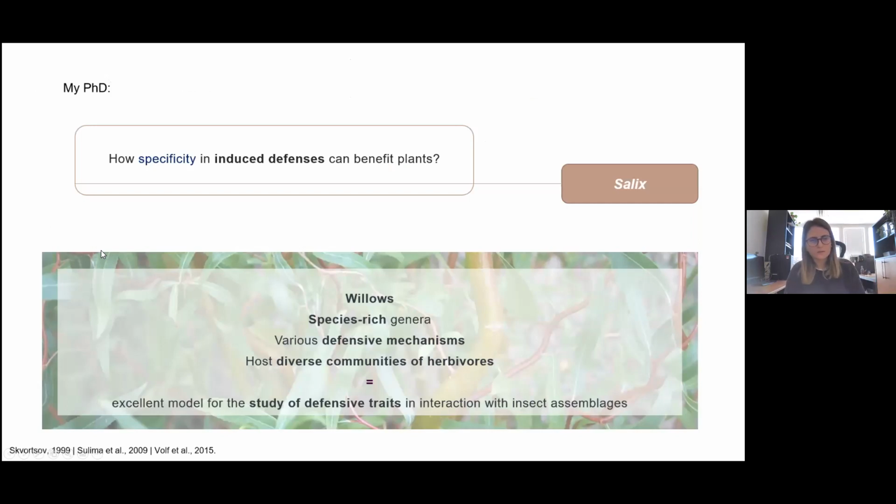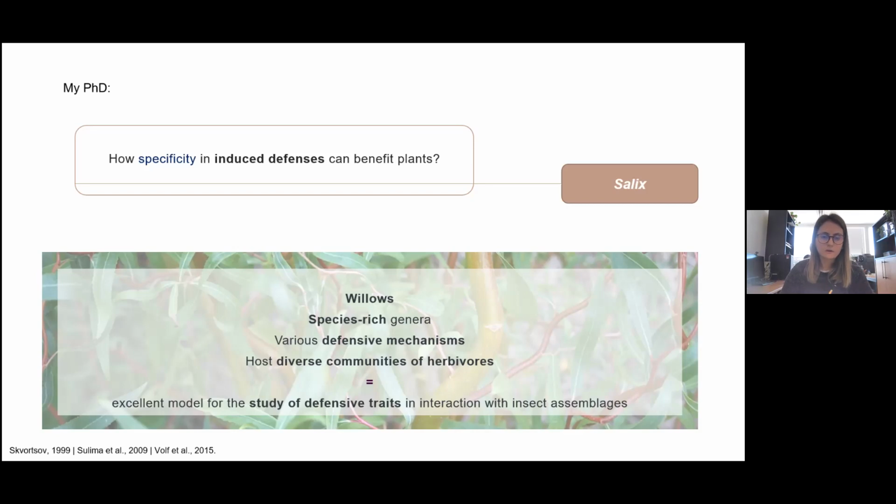Within my PhD studies, I focus on studying how this specificity in induced defenses can benefit the plants. To do so, I use the genus Salix as my study model. Why did I choose willows? Because they are a species-rich genus, especially in Europe, and they have various defensive mechanisms. And also, importantly, they host diverse communities of herbivores.